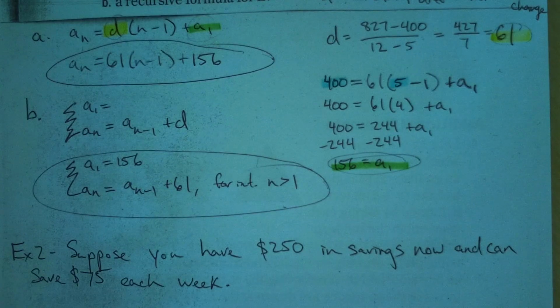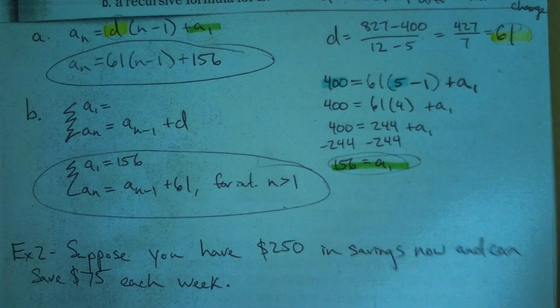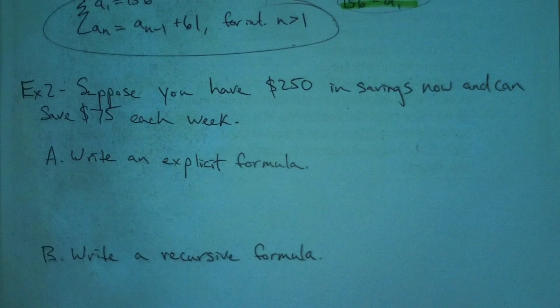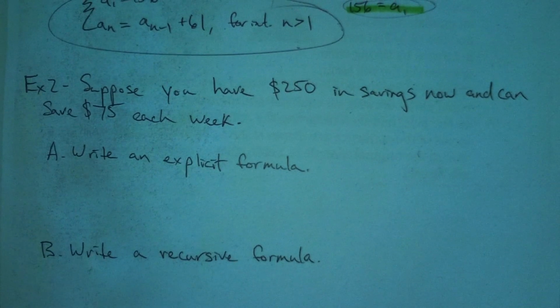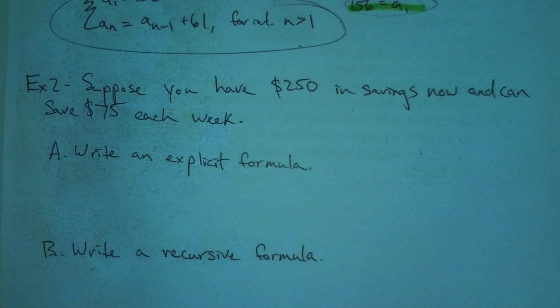You could distribute that 75 through there and write it as 75n minus 75 plus the 250. And then combine your negative 75 and your 250, and it would be 75n plus 175 is equal to our a sub n. Again, the book might ask you one way or the other, but they're the exact same formula. Okay, and then recursive, same stuff.